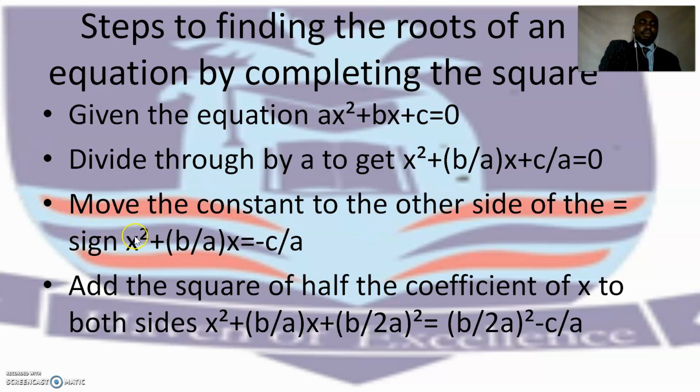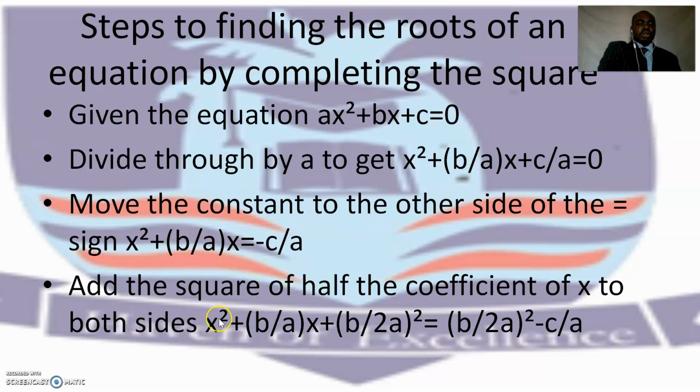Our p in this case is x, and our q, which we don't know, we are going to get by removing x from here, leaving us with b over a. Remember that this is 2q, so half of this is going to be our q. So we are going to square half of this and add it to both sides.